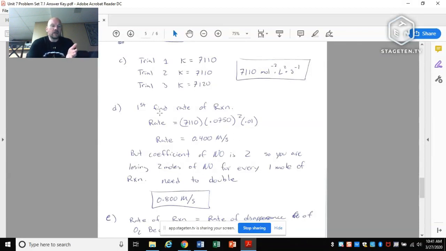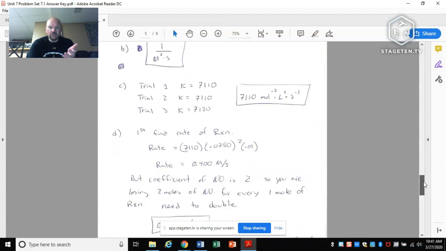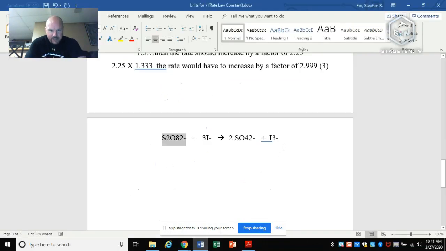Now that we know the rate law, all we have to do is plug in the values given to us and solve for the rate. But that's the rate of the reaction. If you look at the balanced equation, the reaction is 2NO plus O2 yields 2NO2.